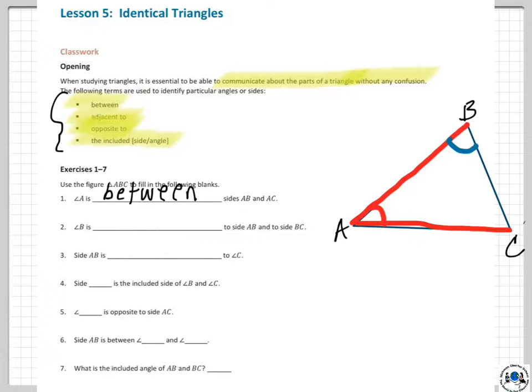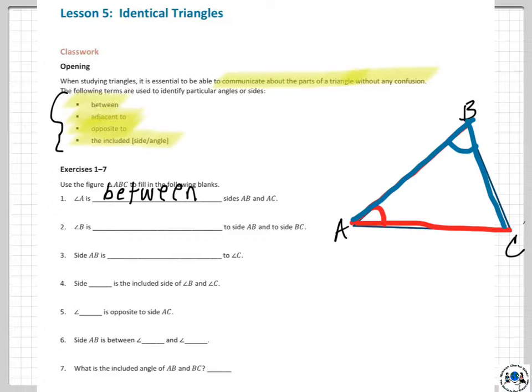Angle B is blank side AB and side BC. Here's AB, and here's BC. AB and BC.